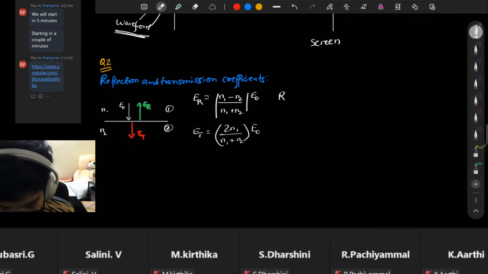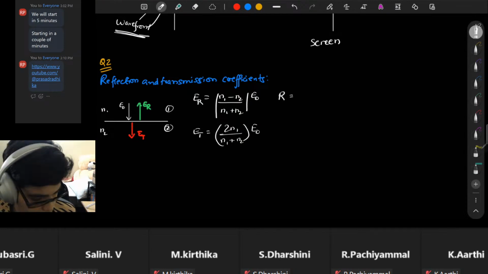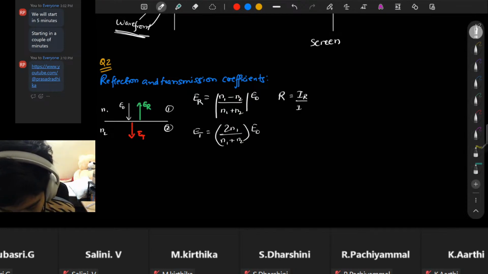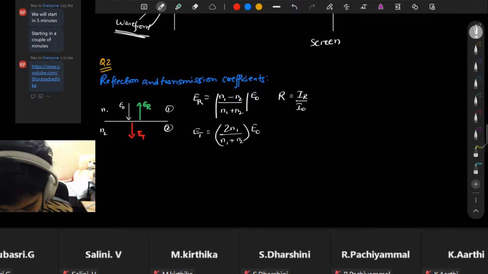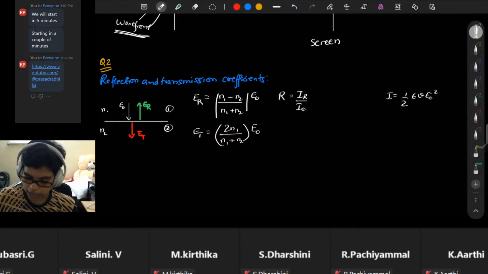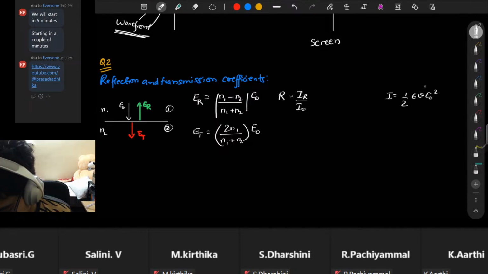And the reflectance is given by this ratio, intensity of the reflected beam over the intensity of the incident beam. And intensity is given as follows: half epsilon V E0 squared. Epsilon is the permittivity and V is the velocity.